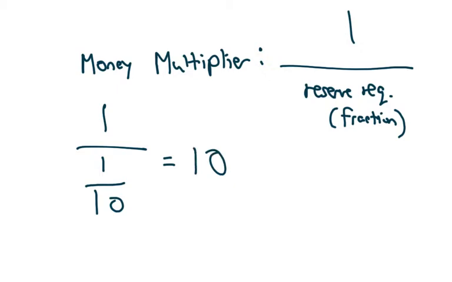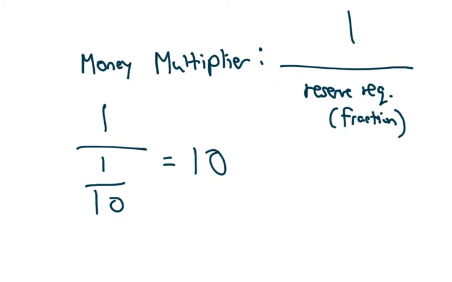So basically, it's just the reciprocal of the reserve requirement as a fraction, which, hey, we've done that before. That's just how we found the spending multiplier, except instead of using the reserve requirement, we were using the marginal propensity to save. So it's the same process here, but instead of total GDP getting multiplied, it's the money supply that's getting multiplied.